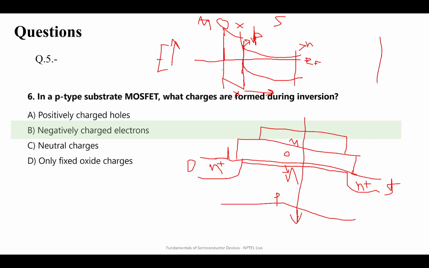Or you can draw it like this: your substrate is P type, this is your substrate region, and near the interface you have an N type region.